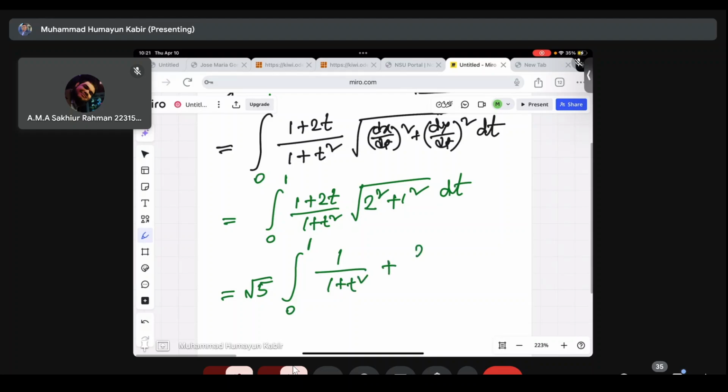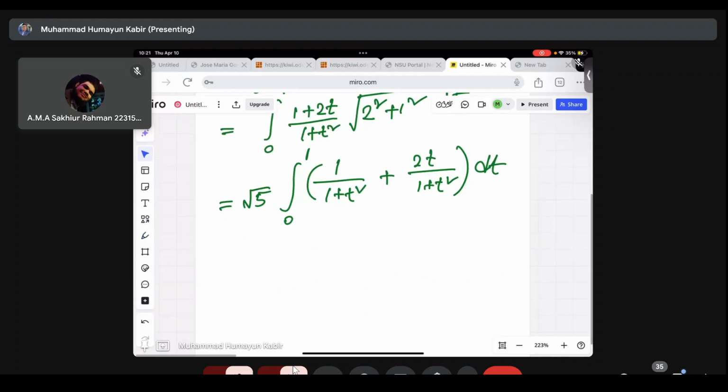May I write it like this? Is it okay? So now, it is a typical single integral. We have converted the line integral to a typical single integral so that we can find its value.